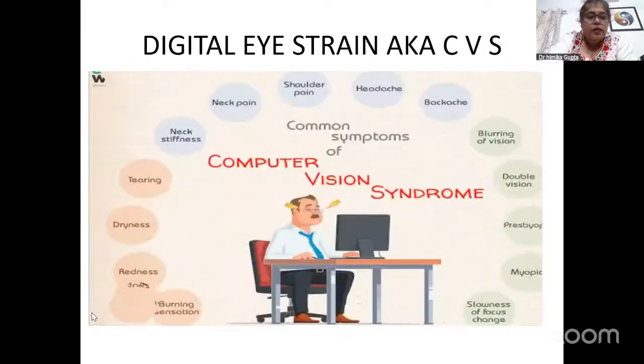Obviously, it occurs when there is increased screen time. Now, over and above the eye problems, there can also be neck issues like shoulder pain, neck pain, headaches, and backaches. So this is all associated with prolonged desk time and prolonged screen time.